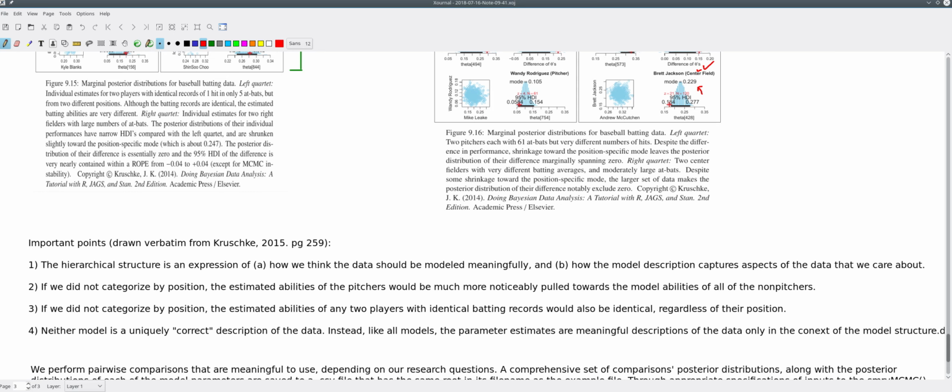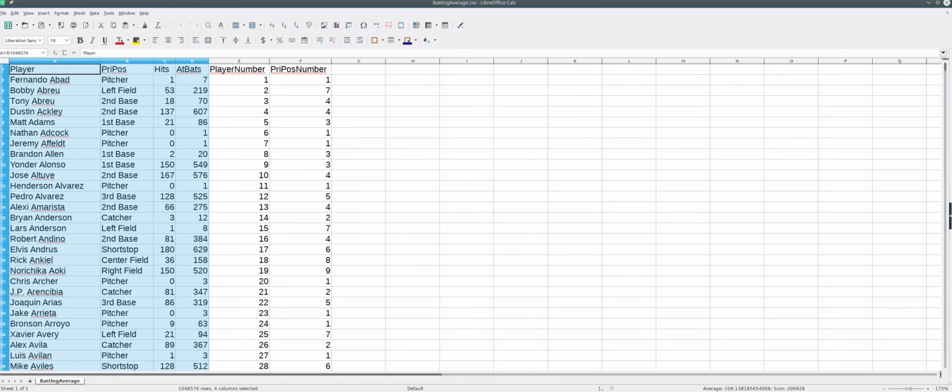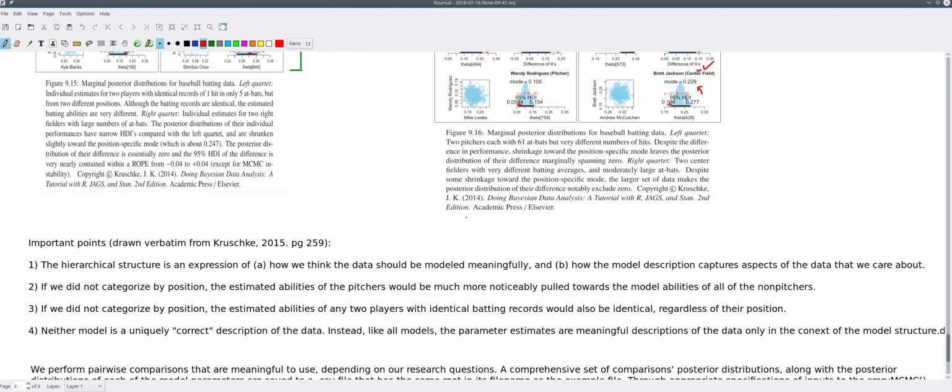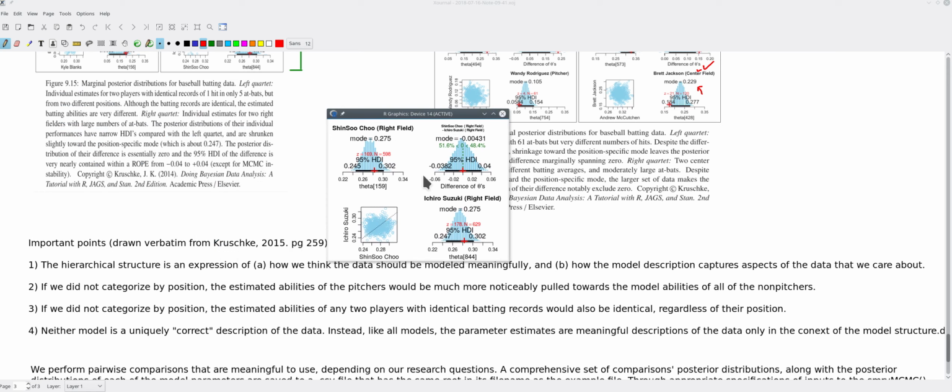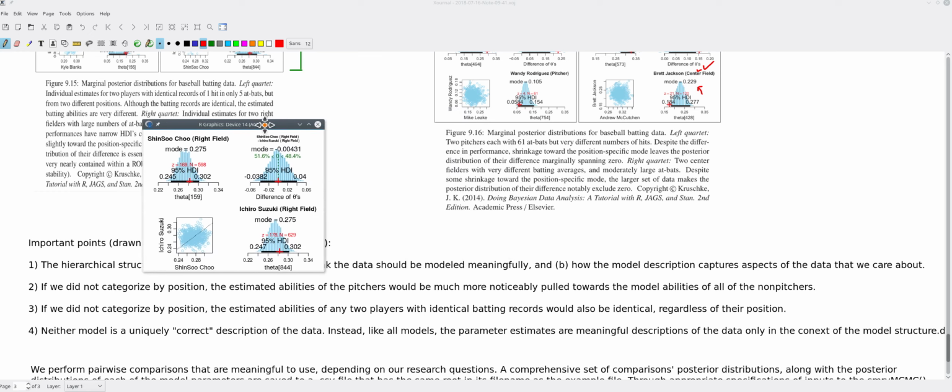So in our data set, if we did not have this column of primary position, then we wouldn't have been able to do the nuanced analysis such as what we have over here, and we won't know any better because we don't know that facet of our data set.